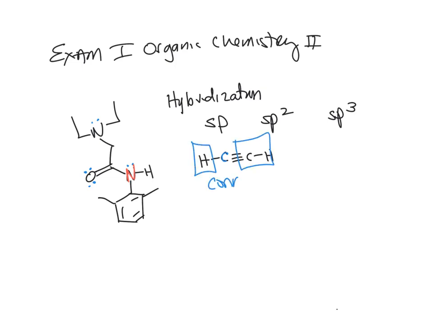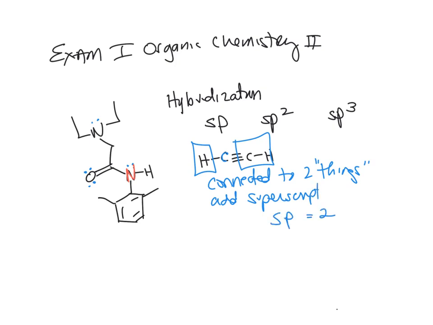I say things so we don't look at the bonds. If we add the superscripts, s and p, they equal 2, and that's how you can remember, and that's linear, 180 degrees.